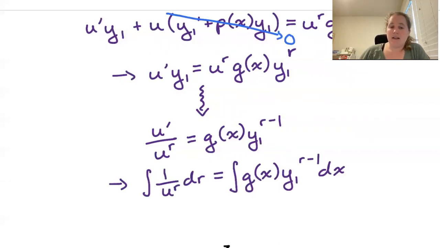We can integrate that left-hand side. And that becomes, so we're looking at u to the negative r, so that would become u to the negative r plus 1, or 1 over u to the r minus 1.